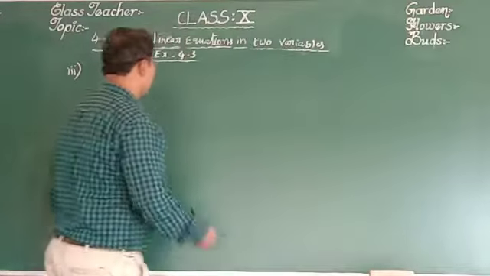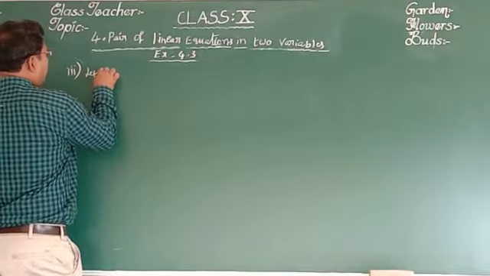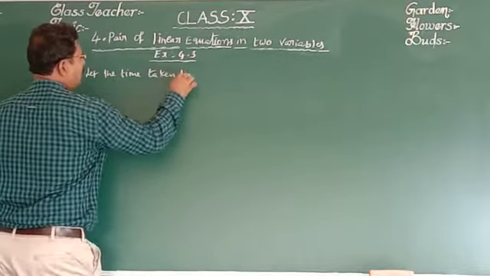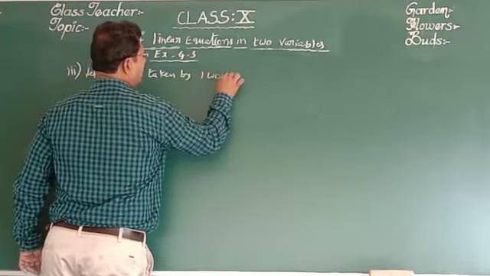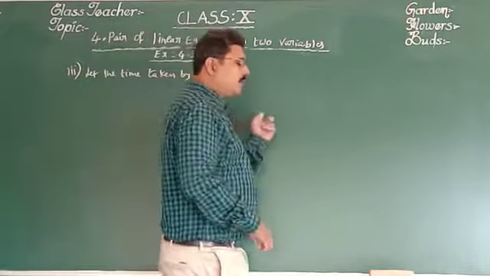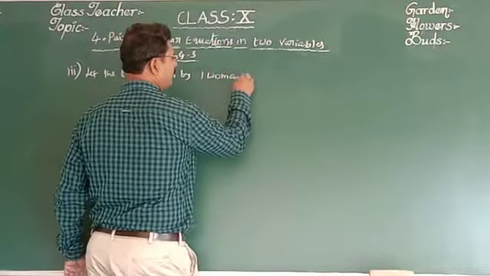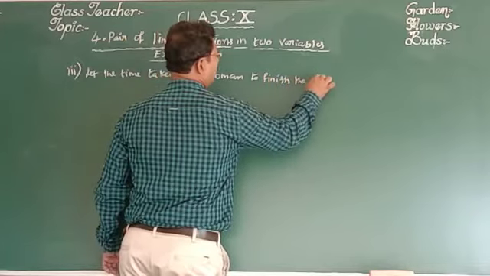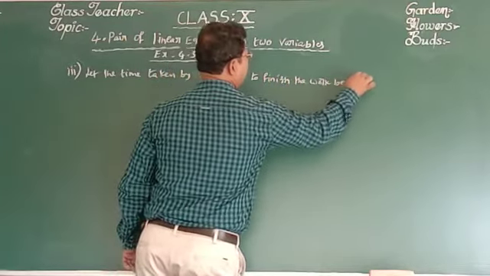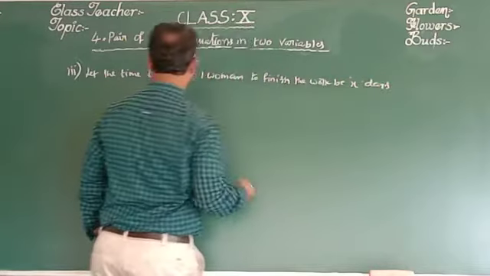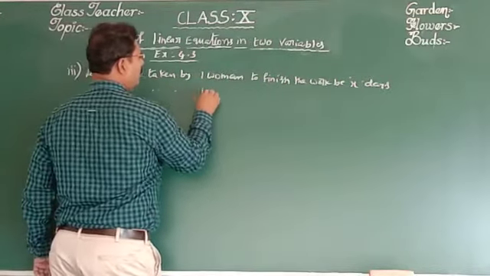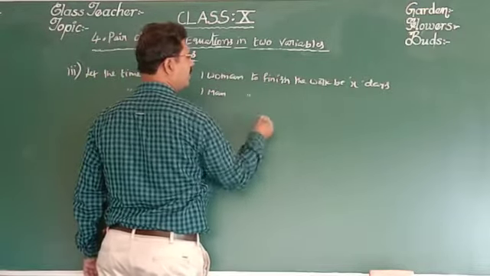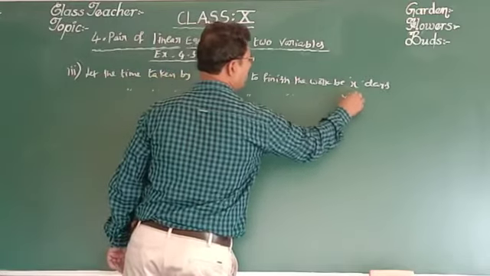Let the time taken by 1 woman alone to finish the embroidery work be x days, and the time taken by 1 man alone to finish the work be y days.